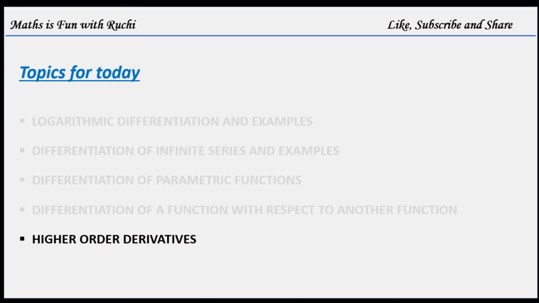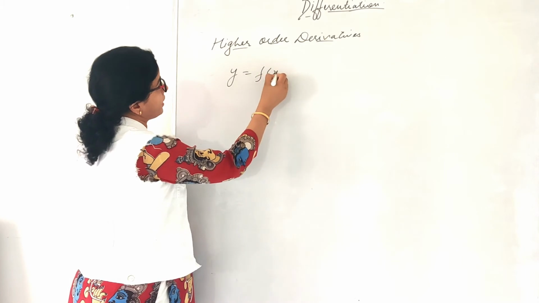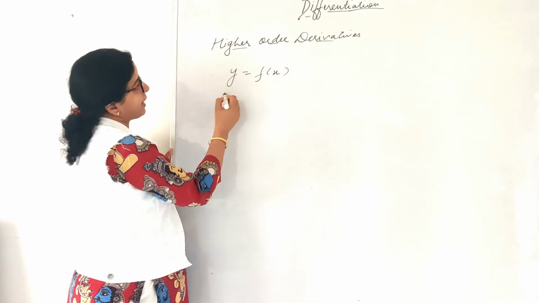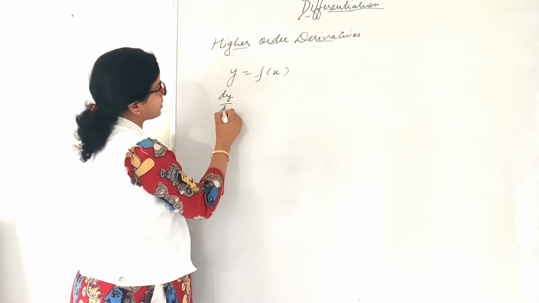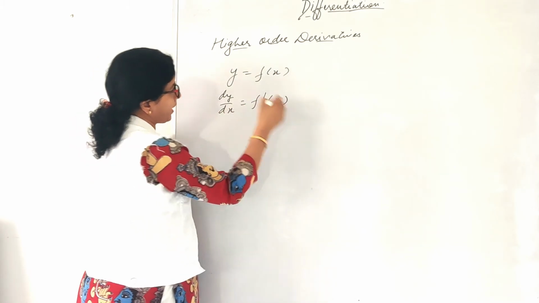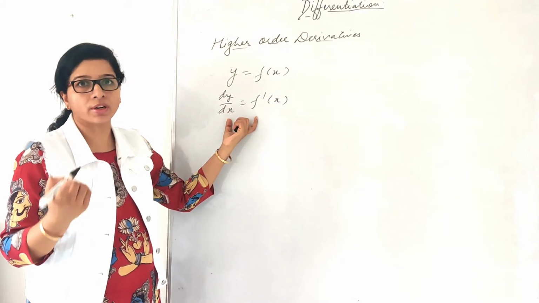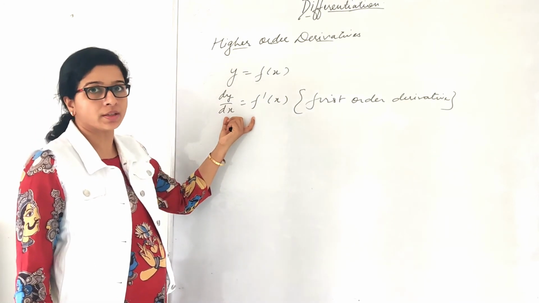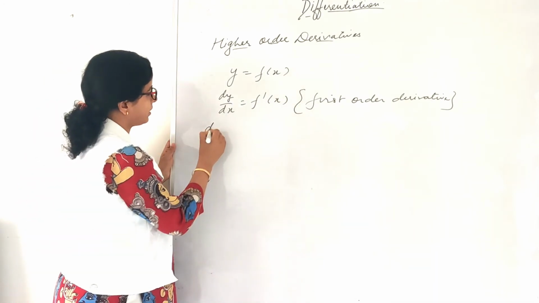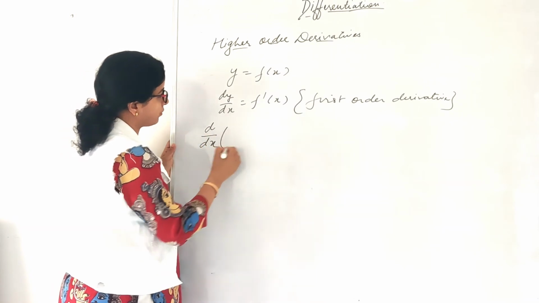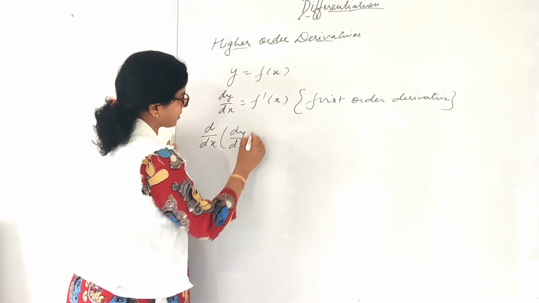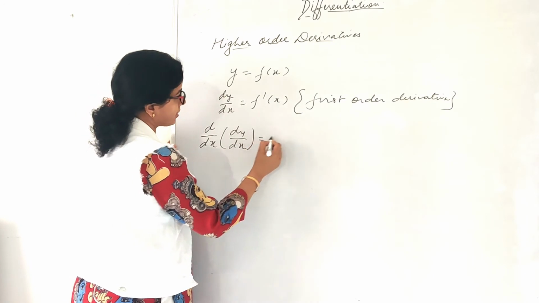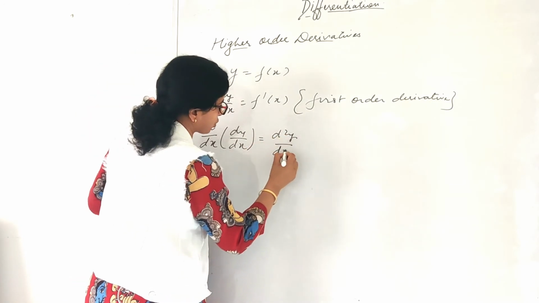We already know if we have a function y is equal to f(x), and if I find the derivative of this, dy by dx is equal to f dash x. So this is known as first order derivative. Now I can further differentiate this with respect to x, right? So how can I write it? d upon dx of dy by dx, which can be written as d2y by dx2, correct?